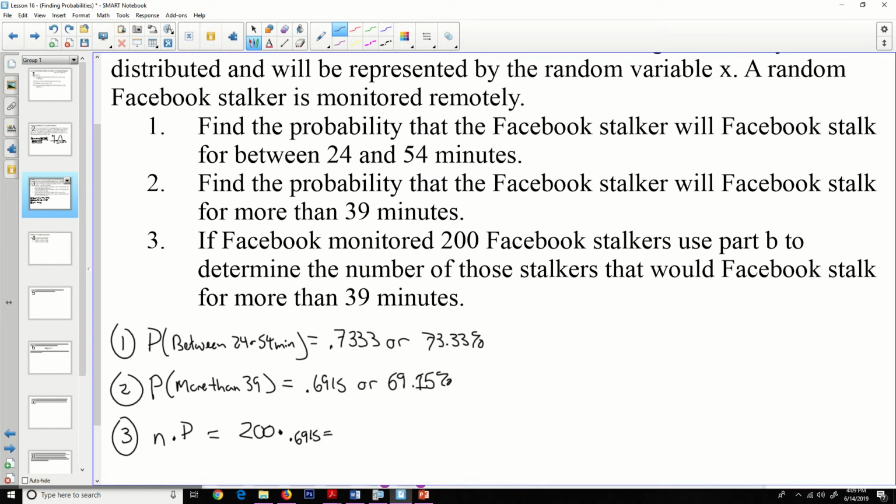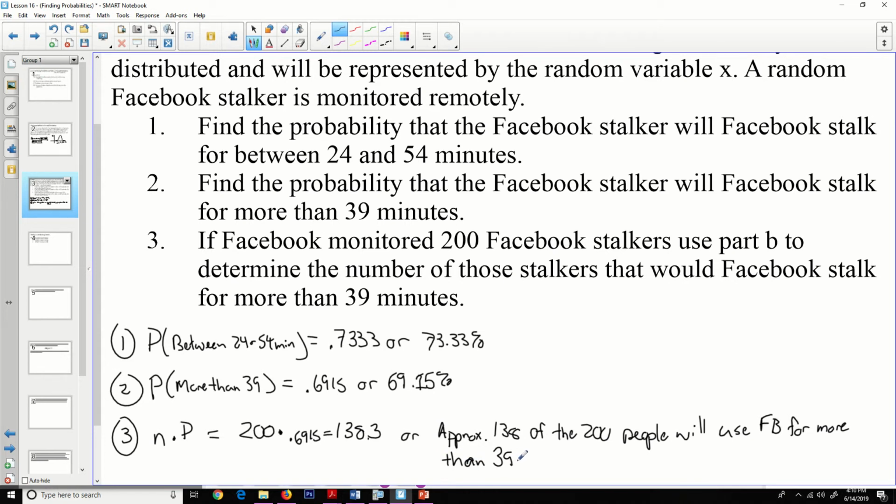When I do that multiplication, I get 138.3, or approximately 138 of the 200 people will use Facebook for more than 39 minutes.